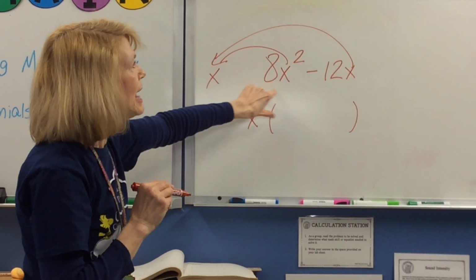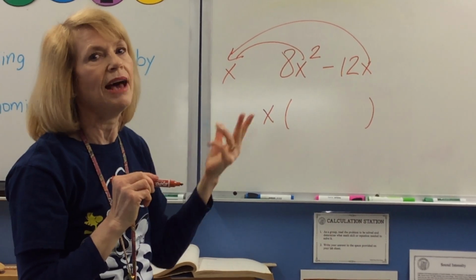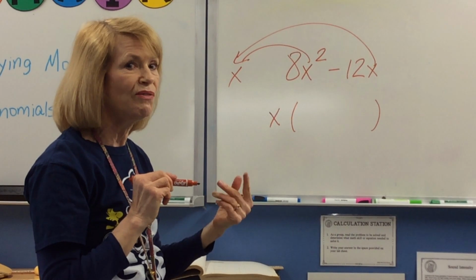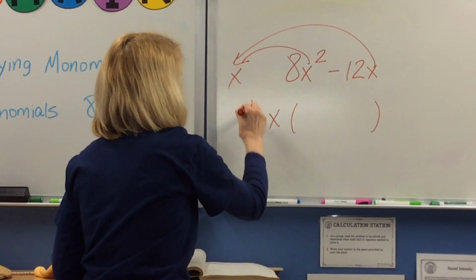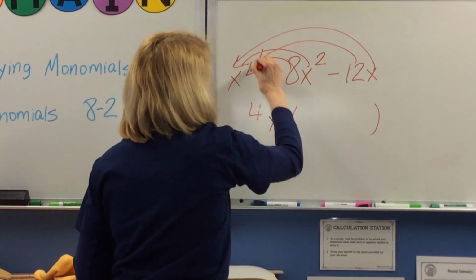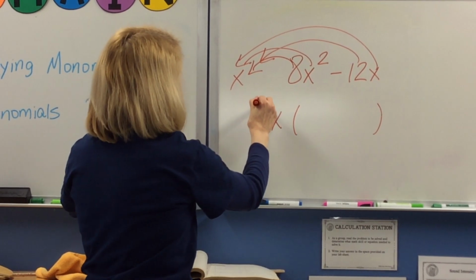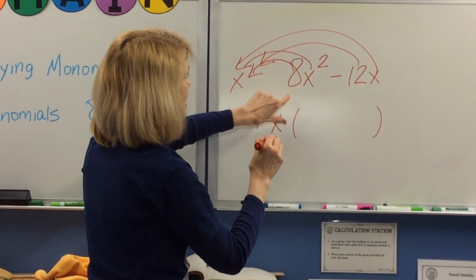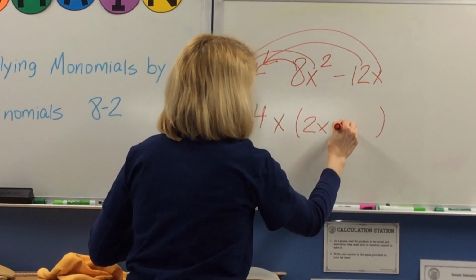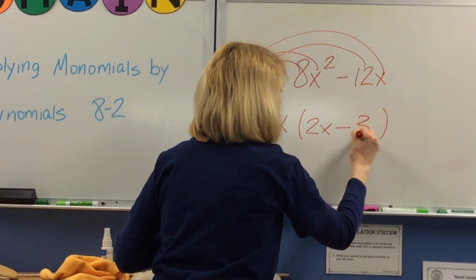Now I have 8 and 12, so you ask yourself, what is the greatest common factor of 8 and 12? The biggest number that goes into both of them is 4. So I'm going to take out 4 from this 8 and 4 from this 12. When I divide this by 4x, I get 2x, and when I divide 12x by 4x, I get 3.